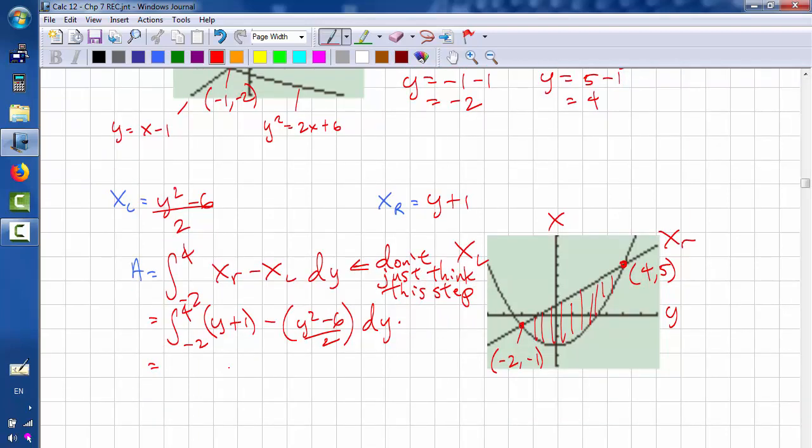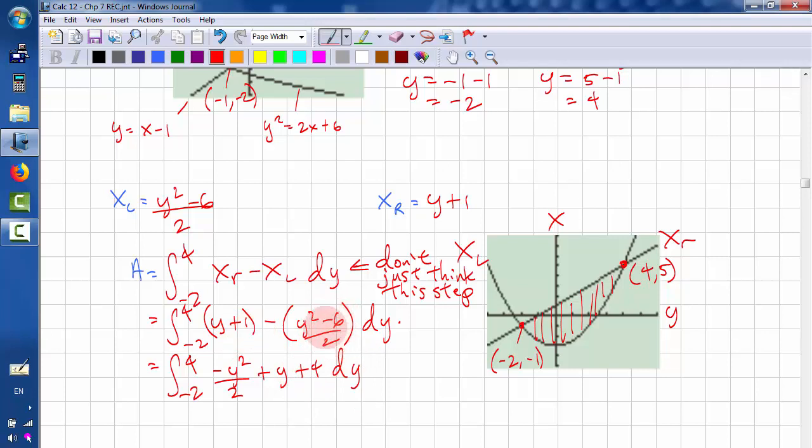Okay, and let's simplify this before we integrate. Negative 2 to 4. We want to order this polynomial: minus y squared over 2 plus y plus 4 dy. We have plus 1.